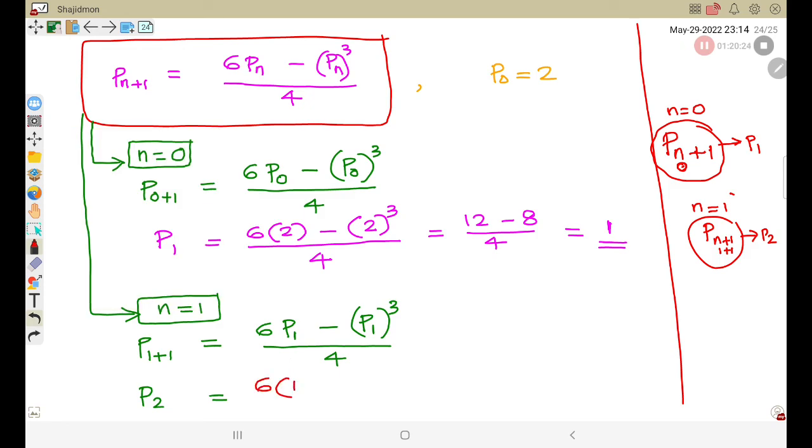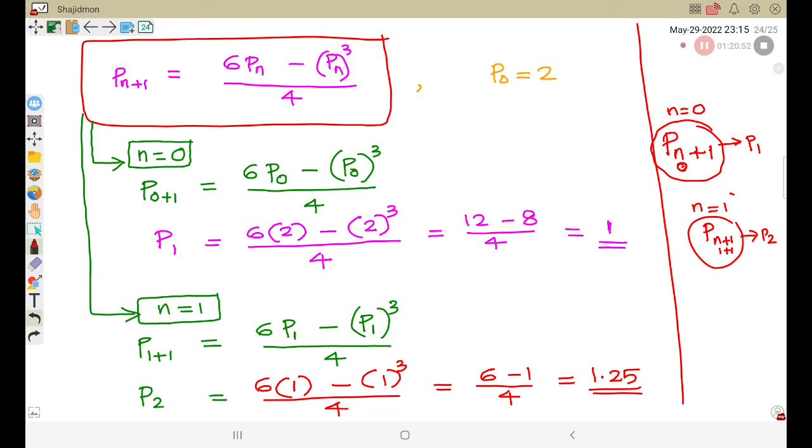What is P1? Just before we got 1. So P2 equals 6 times 1 minus 1 power 3, divided by 4. You can check by calculator. 6 multiply 1 is 6, minus 1 is 5, and 5 divided by 4 is 1.25. Correct? 1.25.